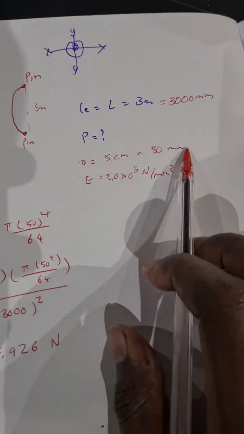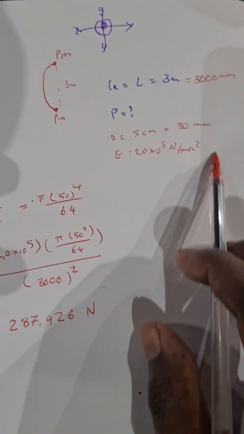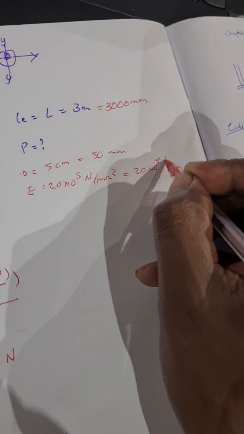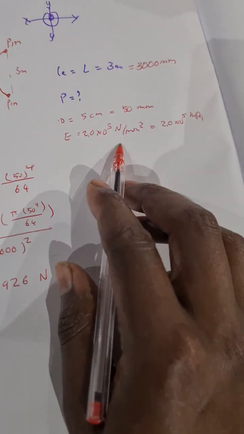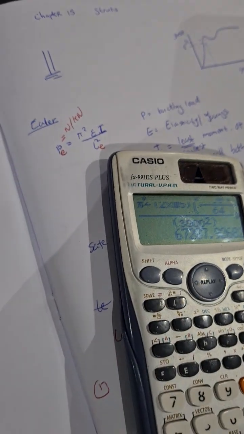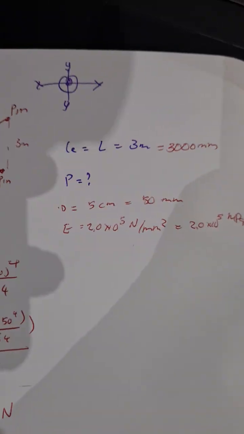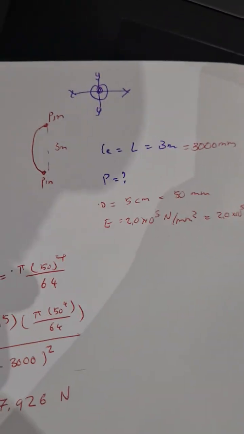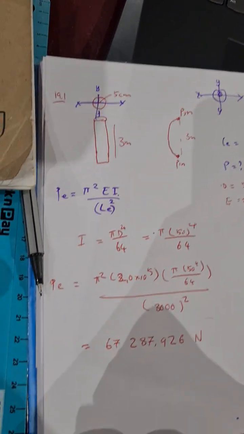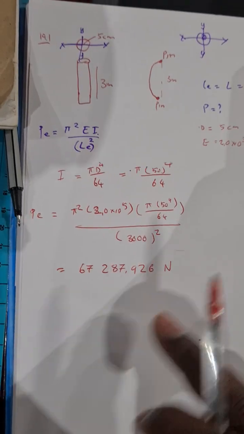If you're going to work with millimeters, convert everything, because this can be 2.0 times 10^5 MPa. Remember E from here, it's the yield strength of this material. Even though we don't reach the same pressure, the structure fails.